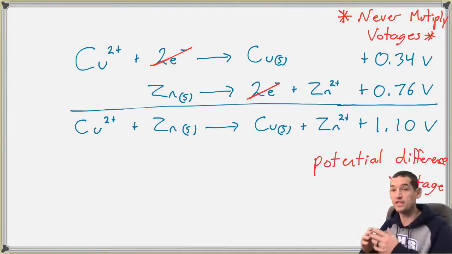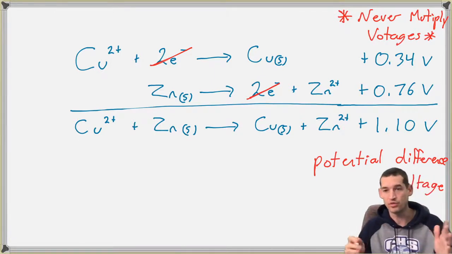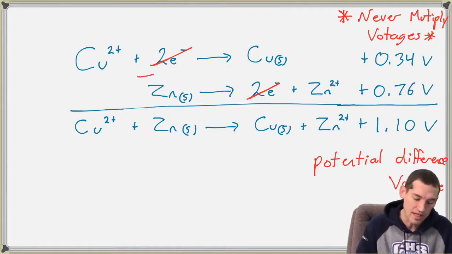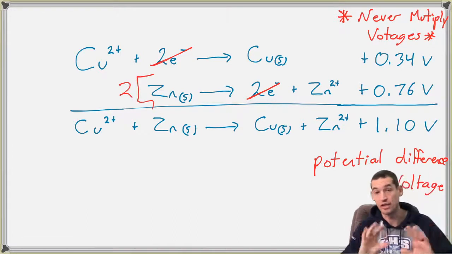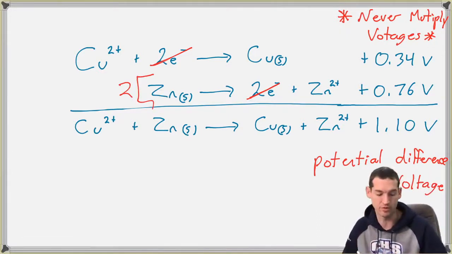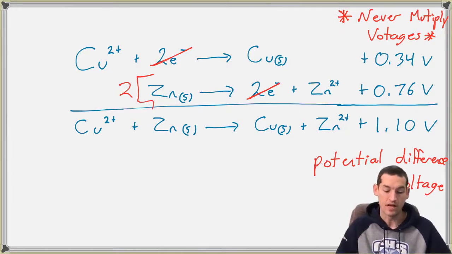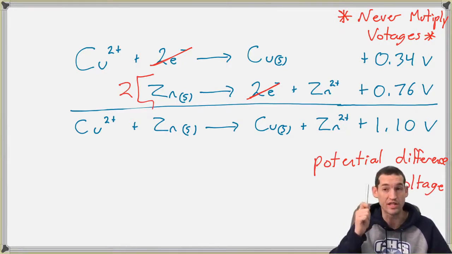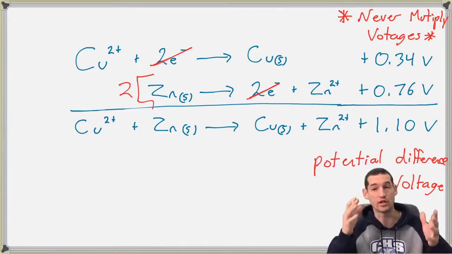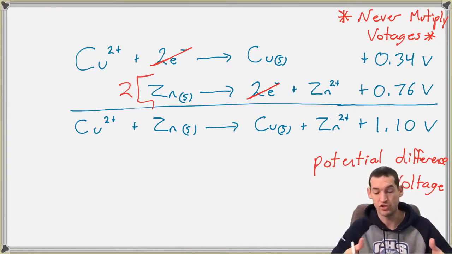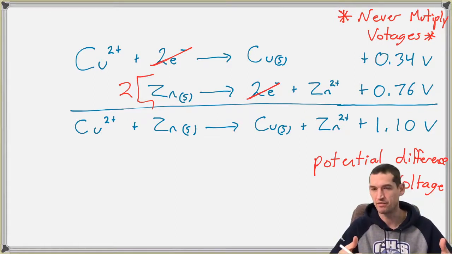So, for example, let's say that in order to balance this, I had to times this one by 2. Now, don't write that in because we don't have to in this case, but let's say I did. I would not times the 0.76 by 2 because it doesn't change what's going on, it just changes how much of it there is. Okay?